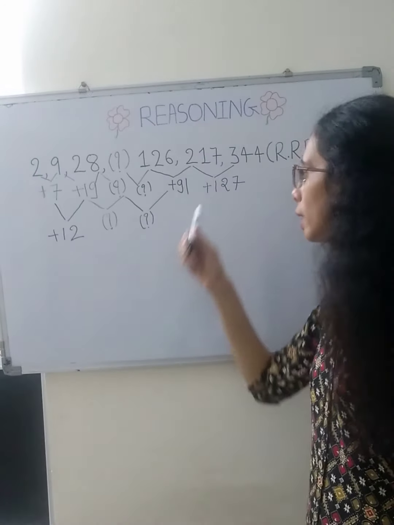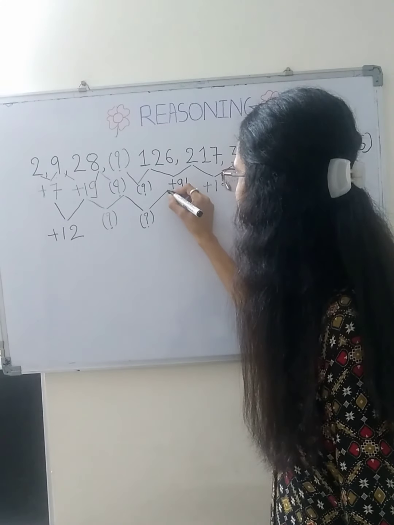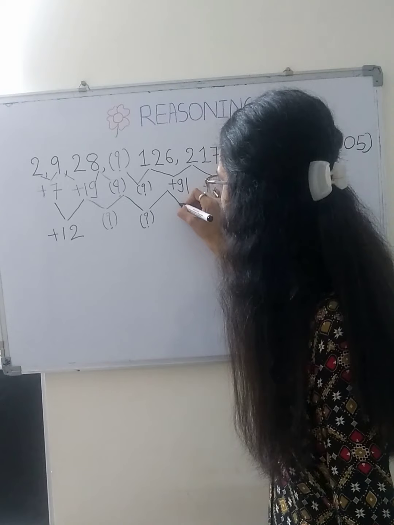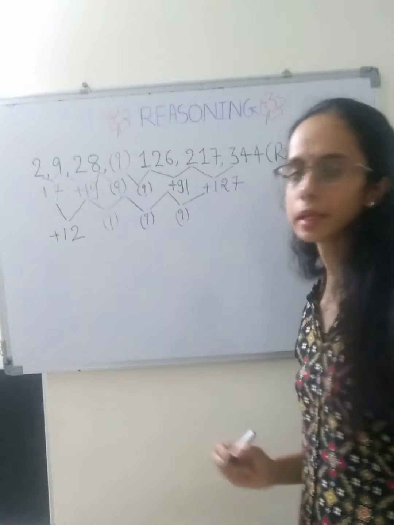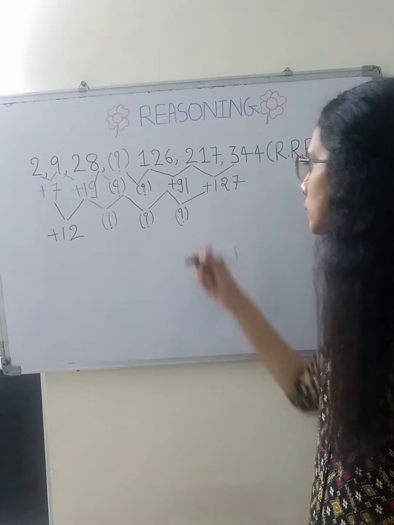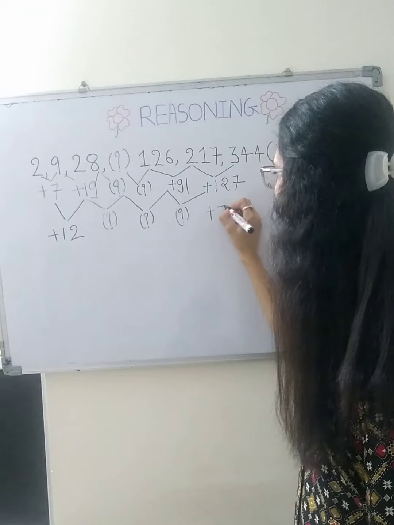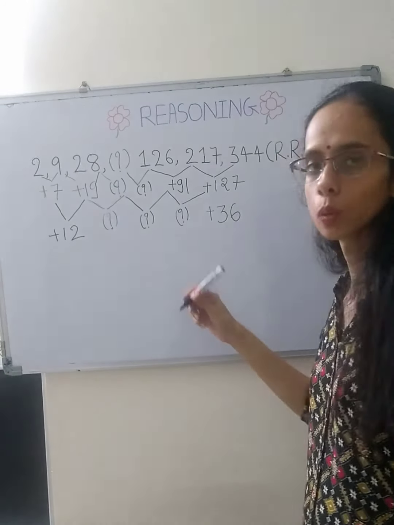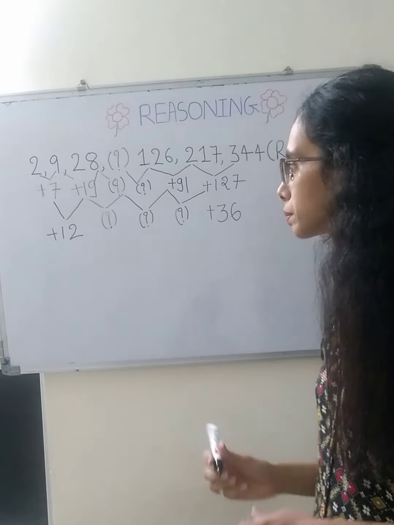Then the unknown number and 91. Again we do not know that number, so once again we have to put a question mark, friends. And 91 and 127. What is the relation between these two numbers? 36. So here we write 36. That is, when 36 is added to 91, we get 127.